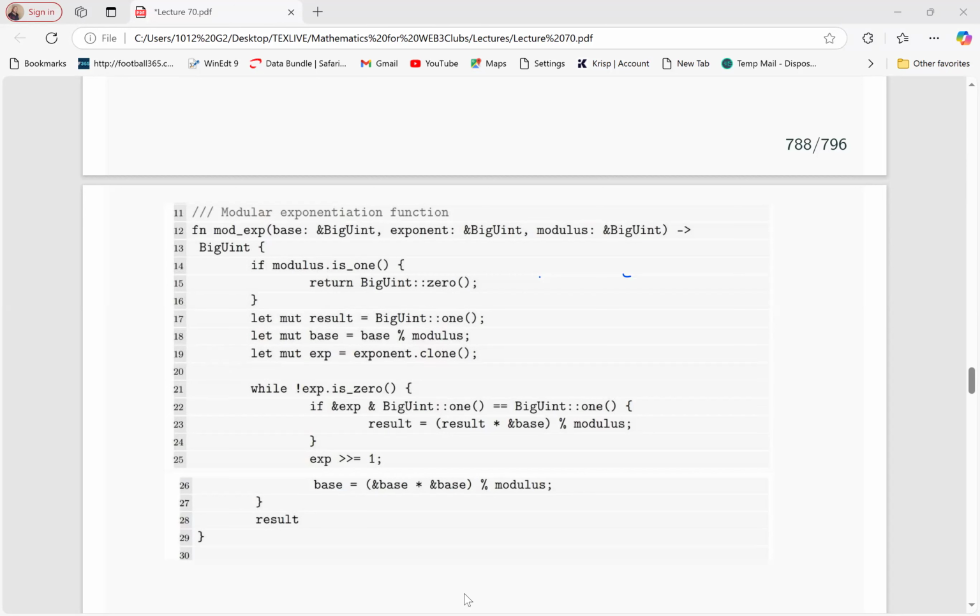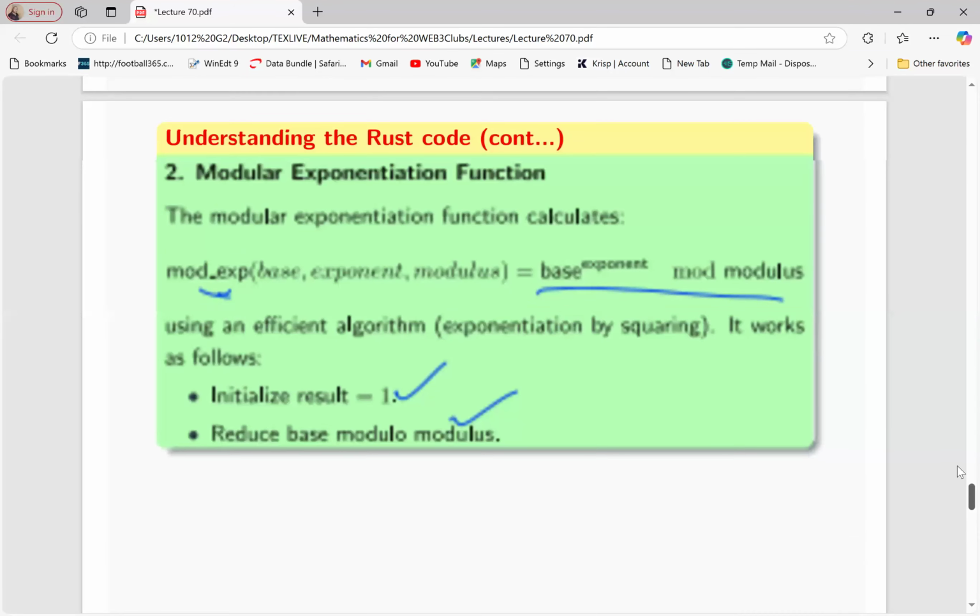Okay, let me look for another code that I wanted to share. I have not included it here, but I wanted to share it.